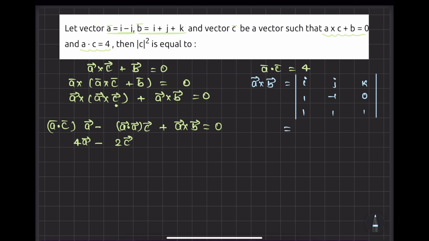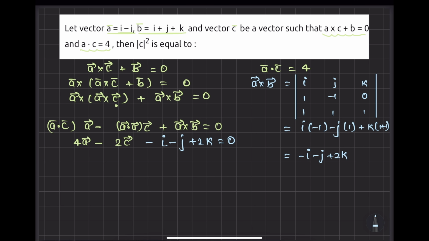Now let's open. So it is i times minus 1, minus j times 1, then k times 1 plus 1. So it is minus i minus j plus 2k. So can I write minus i minus j plus 2k in place of A cross B?